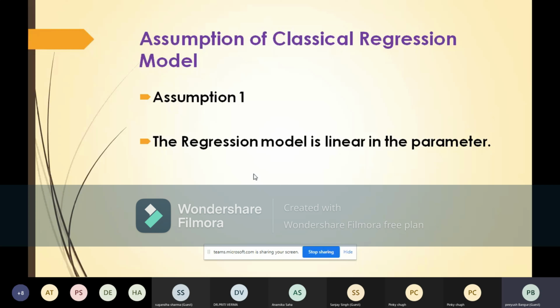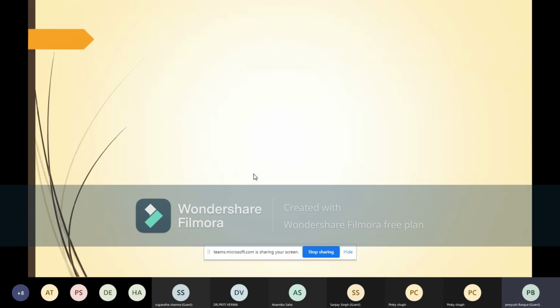My answer is that there is a fixed format. The regression model will always be written linearly, like Y equals alpha plus beta times the independent variable, or however many independent variables you have, plus the error term. This format is fixed, and all parameters should be linear.